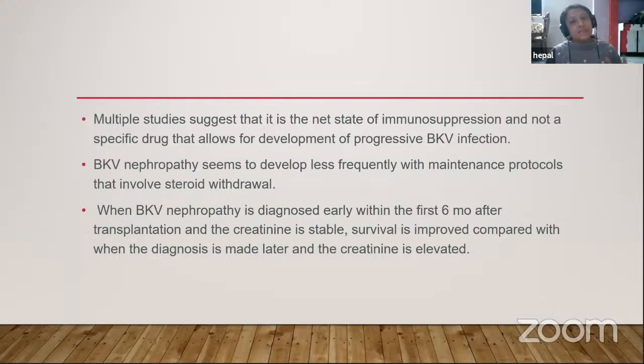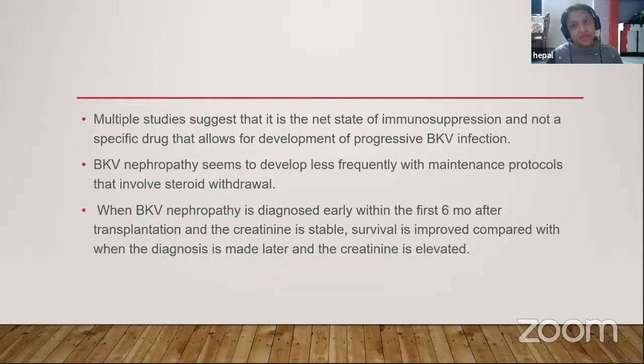There are many studies where CNI versus antimetabolites, cyclosporin versus tacrolimus, CNI versus mTOR inhibitors have been looked at, to see what is predisposing to BKV. But the fact is there is no single drug which is attributed to have increased risk with BKV infection. It's the net immunosuppression state of the patient which is going to count in this situation.